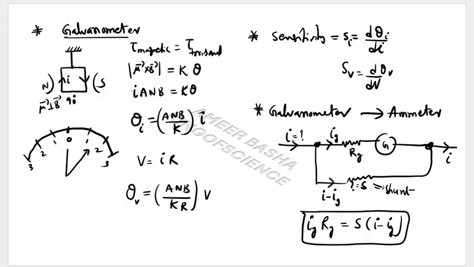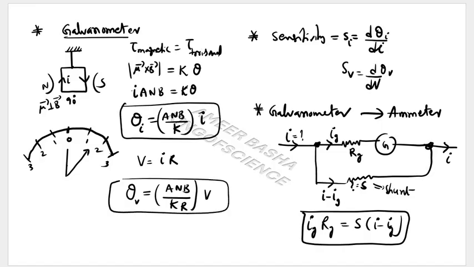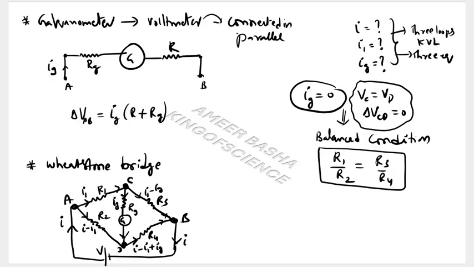Then the galvanometer: what is the sensitivity of a galvanometer, how it is used to measure current and potential differences, and the conversion of a galvanometer into an ammeter. The ammeter is always connected in series with the circuit, and the voltmeter is always connected in parallel. Then another important instrument is the Wheatstone bridge; we mostly use the balanced Wheatstone bridge.